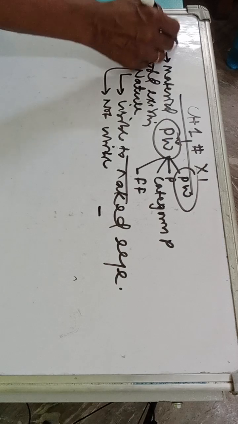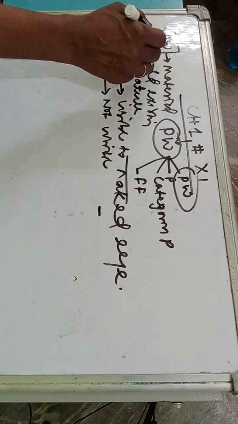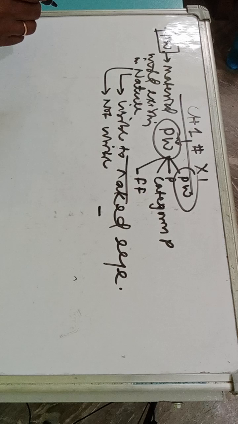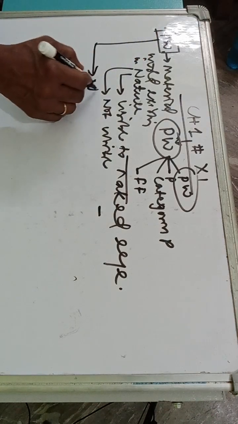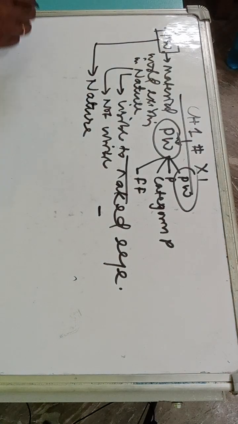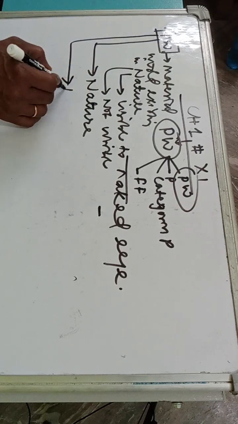Still, these materials are included. This is the world that covers all this matter and materials. This we say is nature, and all activities happening in this nature are the natural phenomena.